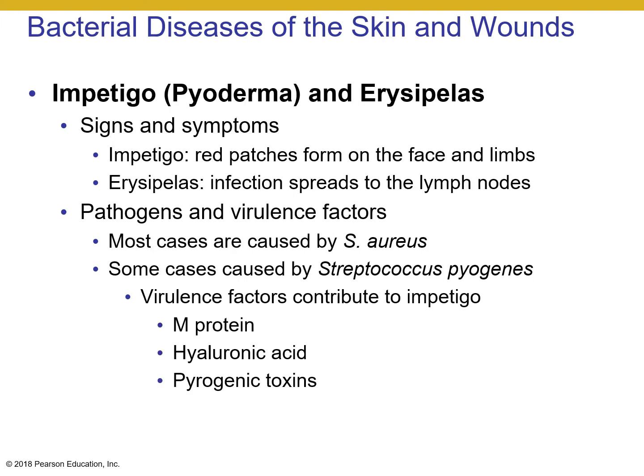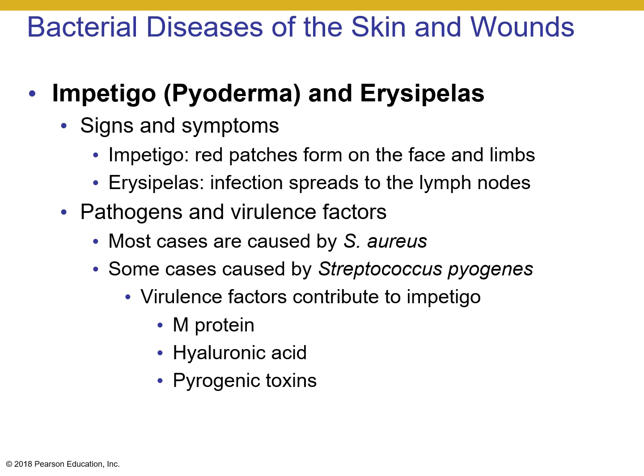Impetigo, also known as pyoderma, which, pyo means pus, so pus in the skin, and erysipelas. These aren't diseases you need to know. However, when we look at young children, you'll see this.